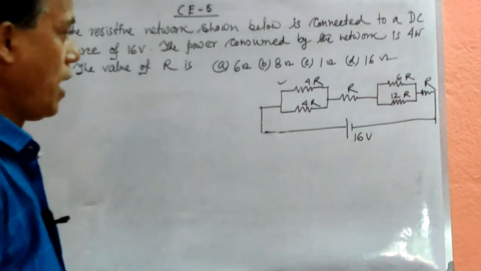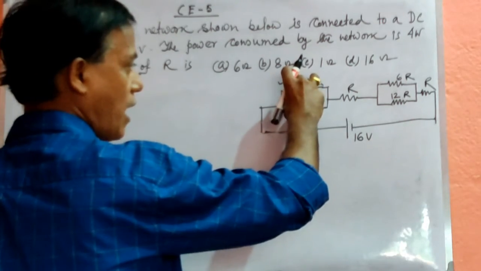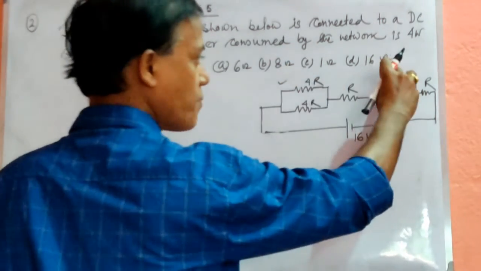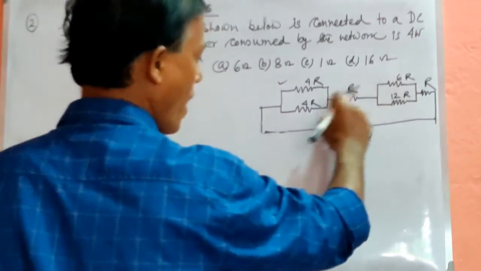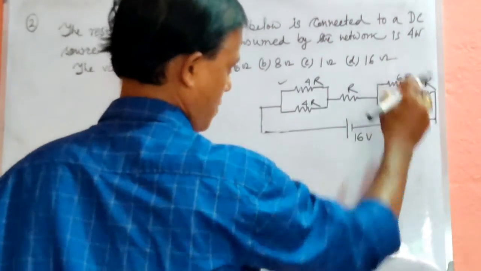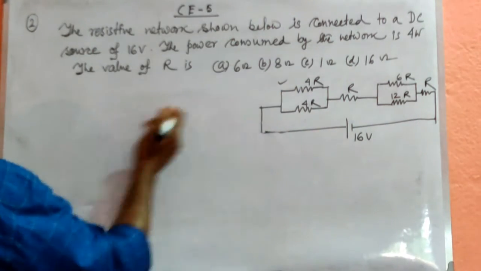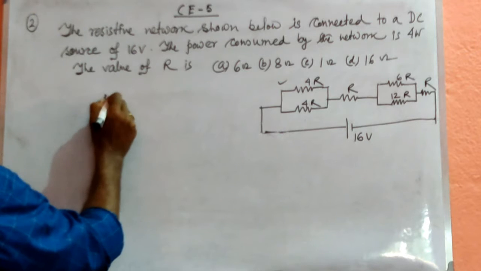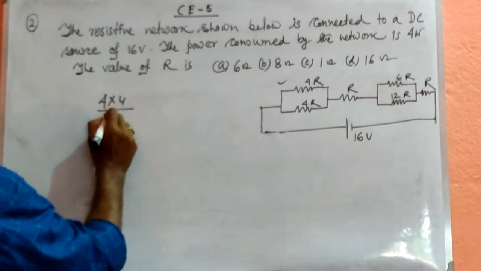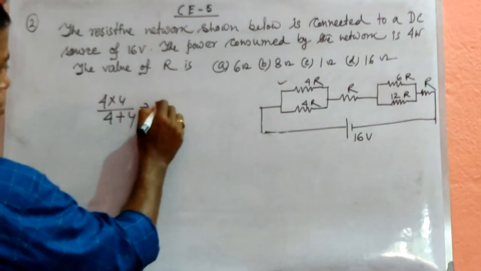Let us consider this is a parallel combination, here is parallel combination. So we have to find out the equivalent of this part and of this part first. So for this part, that is 4R into 4R by 4R plus 4R, it comes 2R.